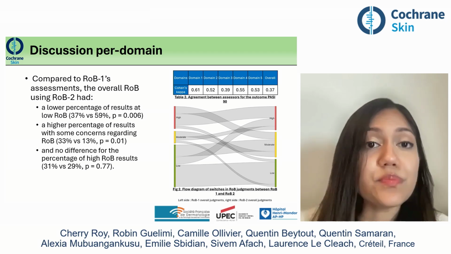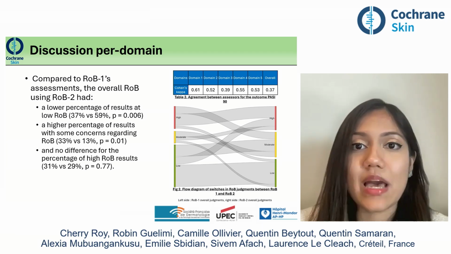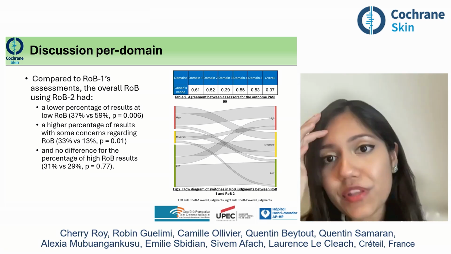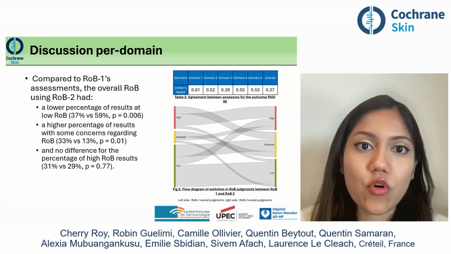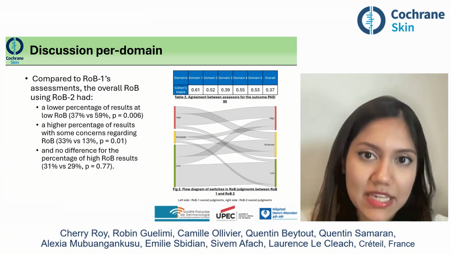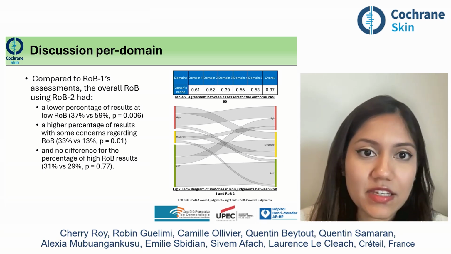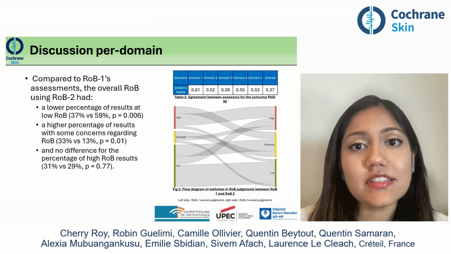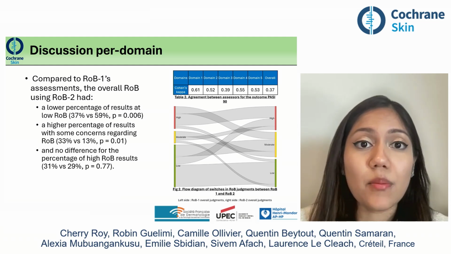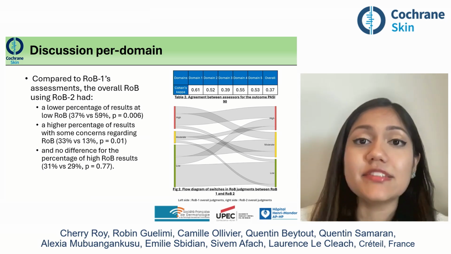So as per our discussion per domain, this table shows the agreement per domain, where we can see Cohen's kappa ranging from 0.33 to 0.65, with the lowest agreement for domain 3, missing outcome data. And the flow diagram also illustrates how many studies changed categories across the tools. This clearly underlines the challenges with ROB2, especially where protocols are lacking.